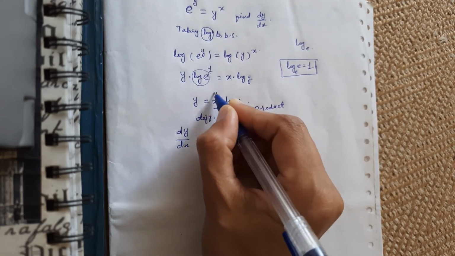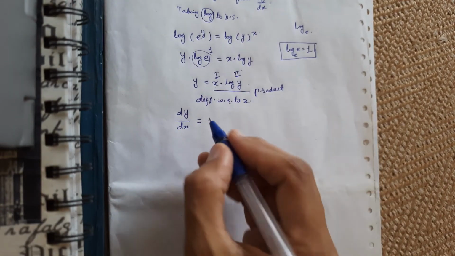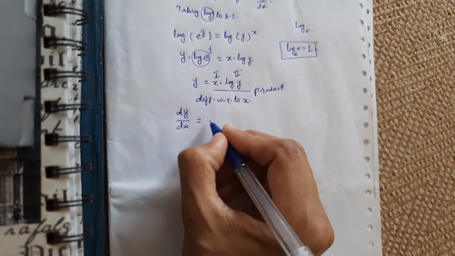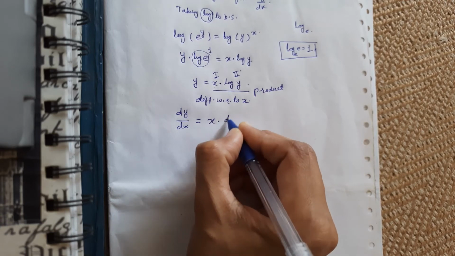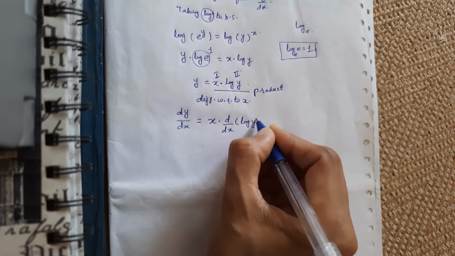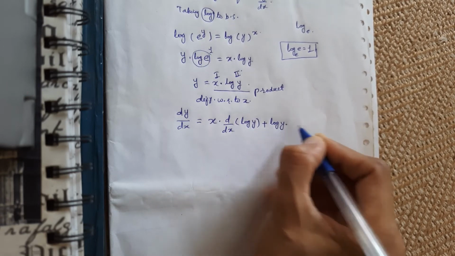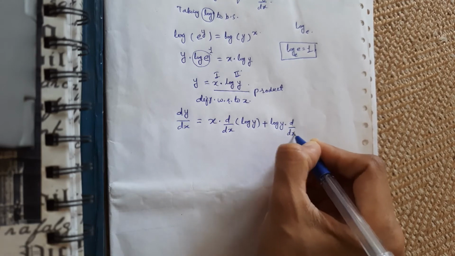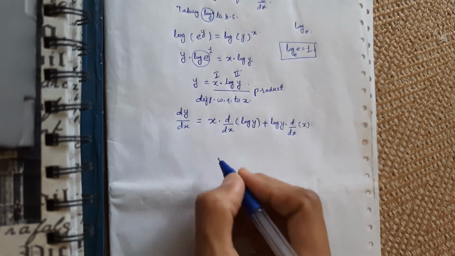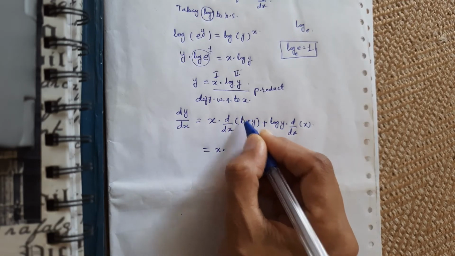So suppose this is my first function, this is my second function, and I am applying the product rule here: first function into derivative of second plus second function into derivative of first. So this is x into, what is the derivative of log y?